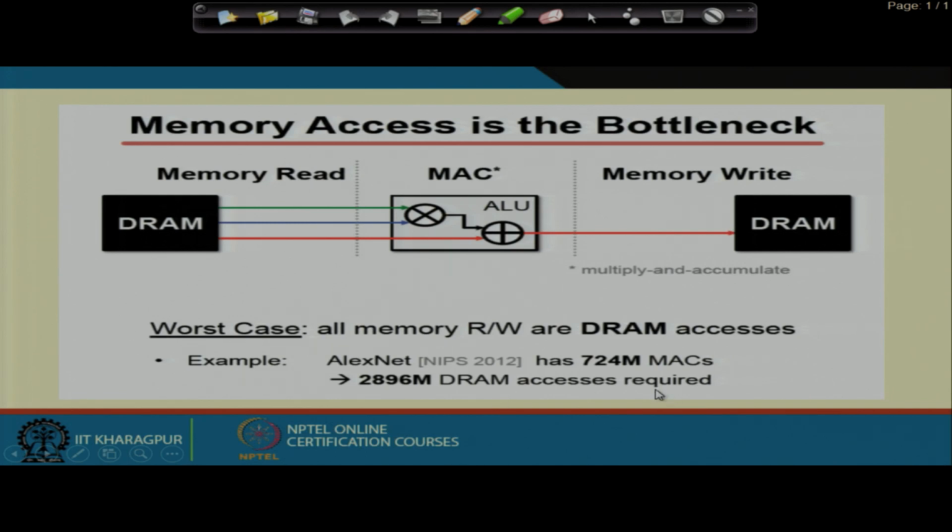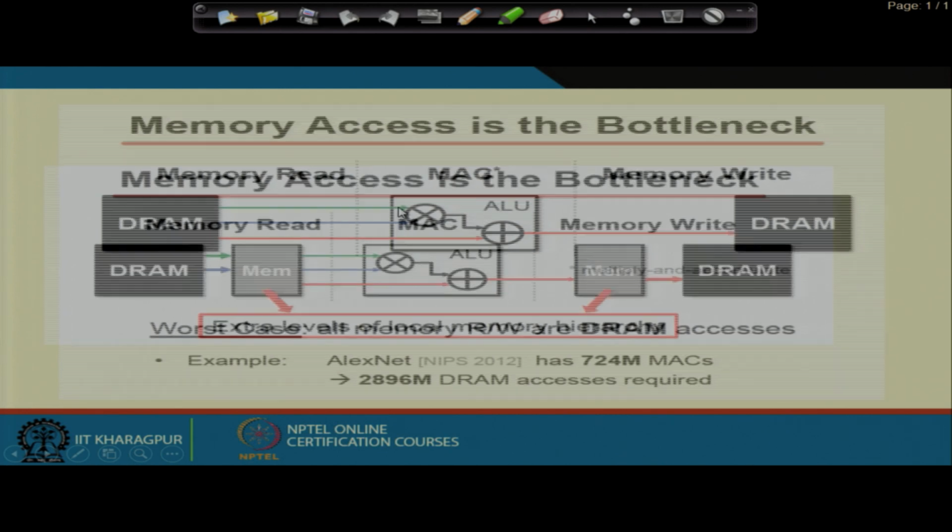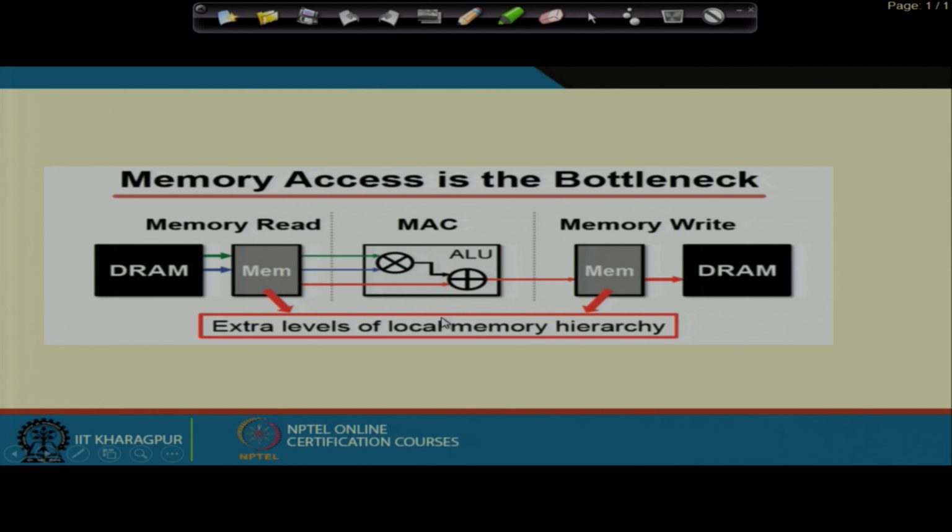We know that accessing the memory, whether for read or write, consumes more power. So if we have to develop an efficient circuit, or close the gap in the energy requirement in hardware, we have to reduce the memory accesses.